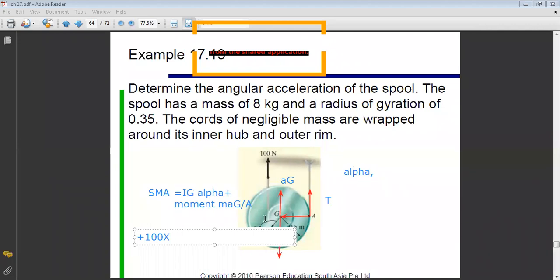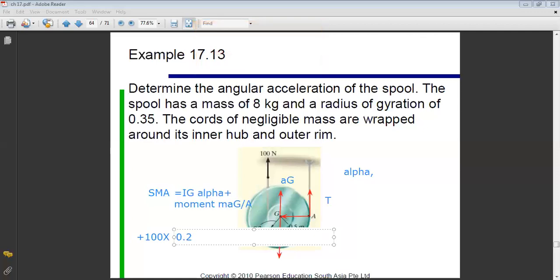What is the distance here? It's equal to the inner radius, which is 0.2. So 100 times 0.2, and for the weight, it's in the counterclockwise direction, so it's minus.